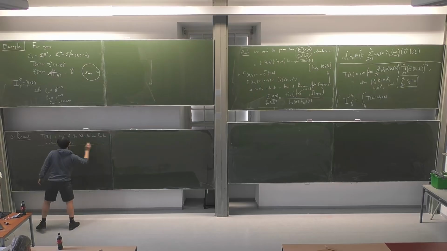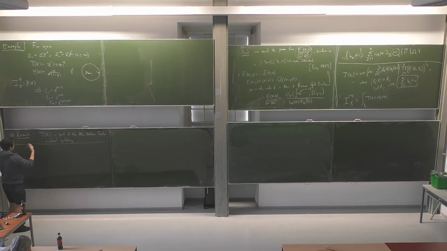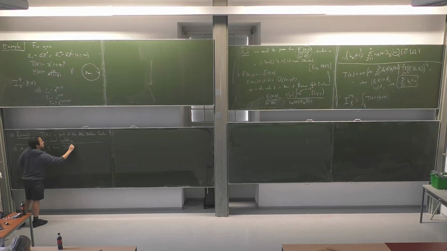So it's like somehow given to you by physics, such an expression. And then, what is rho? We can read off rho from t of z1.